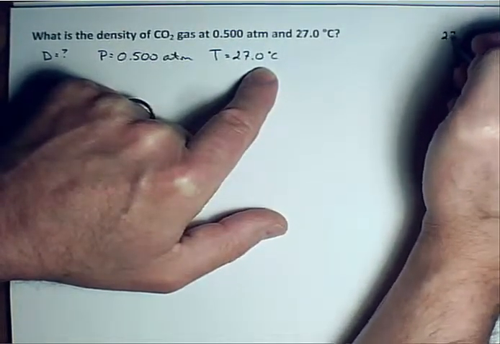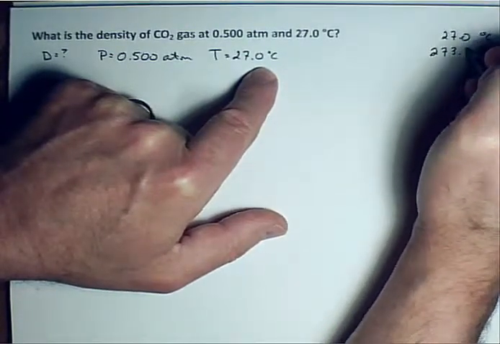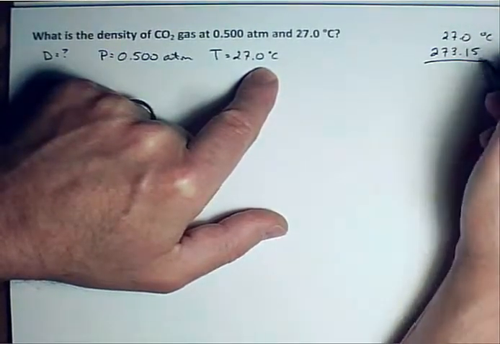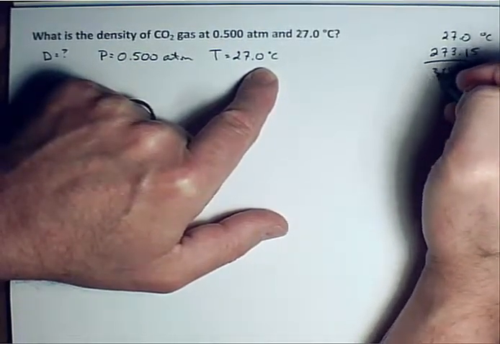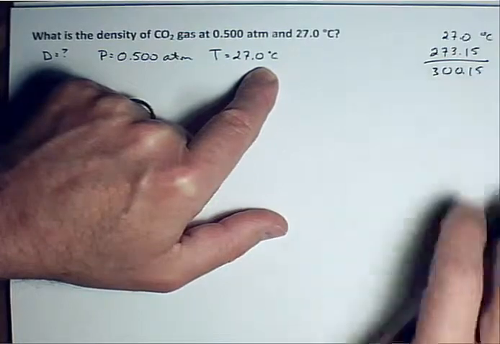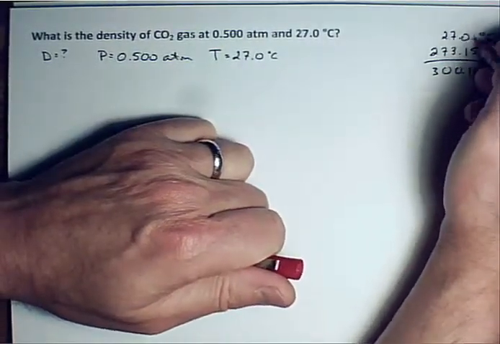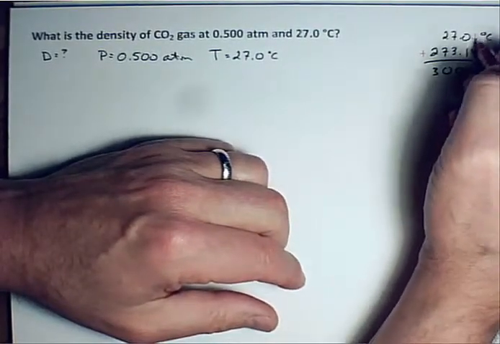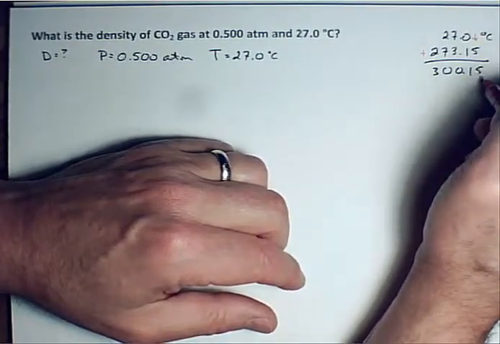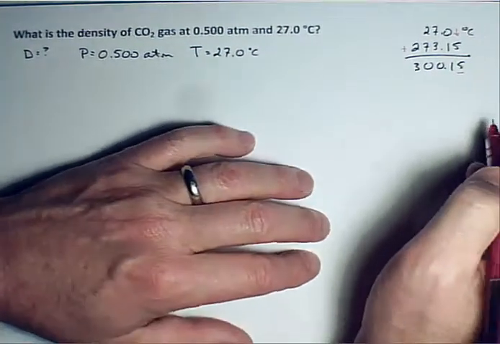So 27.0 degrees C plus 273.15. And then we've got an empty slot over the 5 here. And the way that I teach you to handle significant digits for addition and subtraction like this, because we are adding, is anytime you have a digit resulting from an empty slot in addition or subtraction, that digit is insignificant, so we underline it.